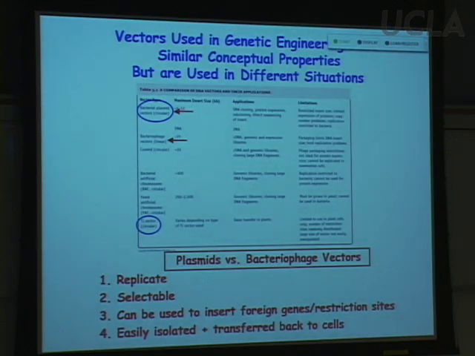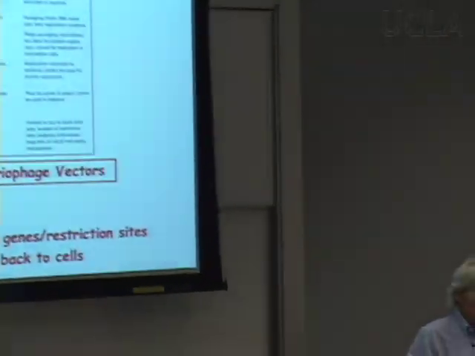It has cloning sites, meaning restriction sites in which you can add foreign DNA fragments or cDNA fragments. And it has a variety of different characteristics that allow it to get inside of a cell, so you can clone in a test tube and put it back in, and get it outside of a cell. And so there's a wonderful collection of characteristics that are common for any vector.